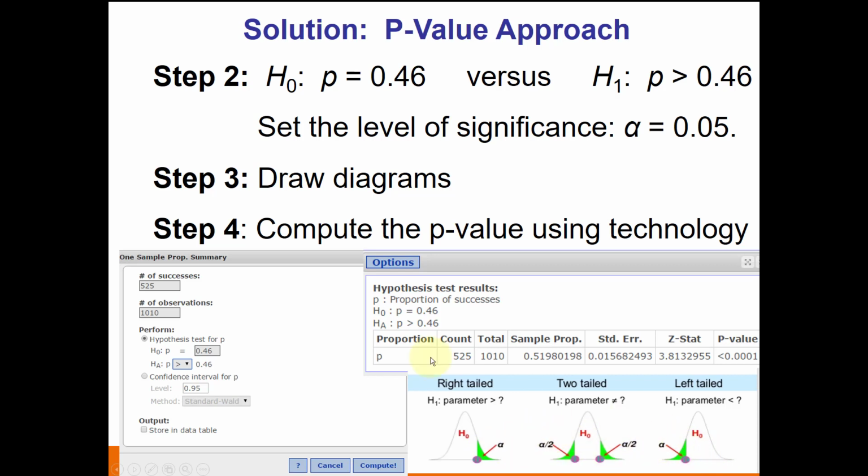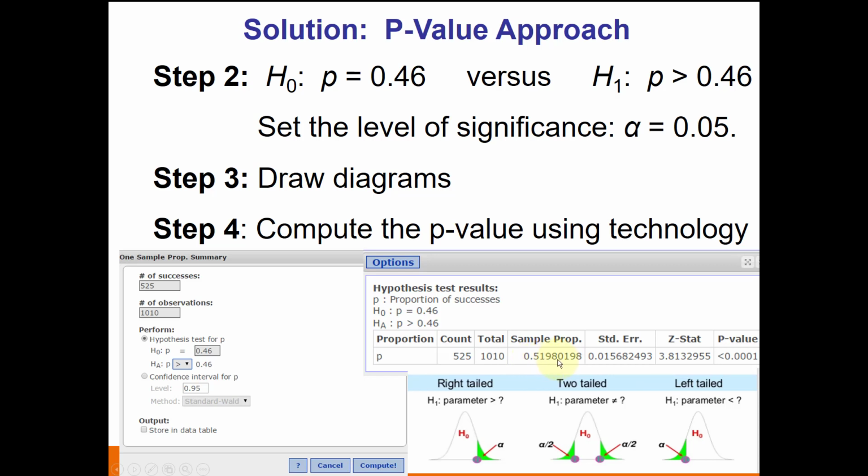All right. And so we compute the p-value, and the p-value is determined by how far away from the center the test statistic, the p-hat, lies. So in this particular case, our test statistic was 51.98%, or 0.5198 rounded to 4 decimal places.